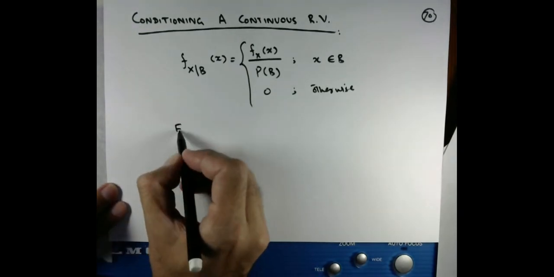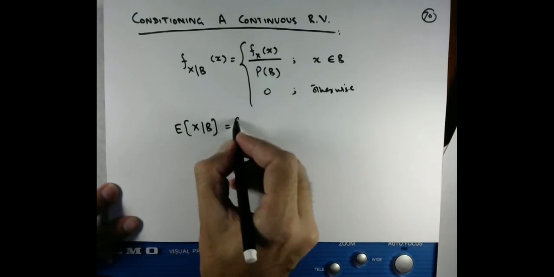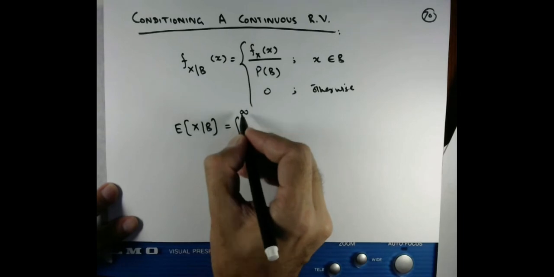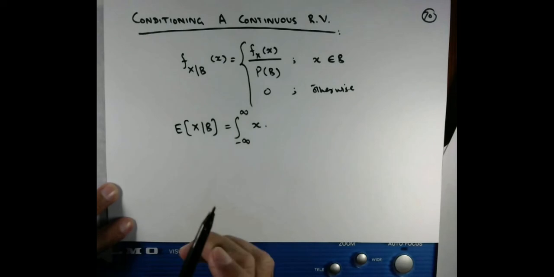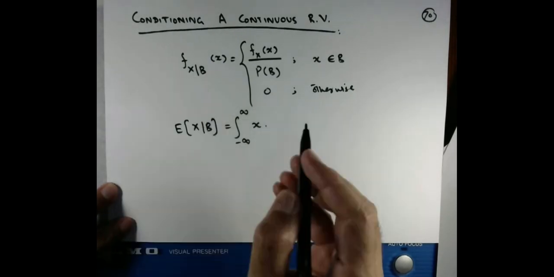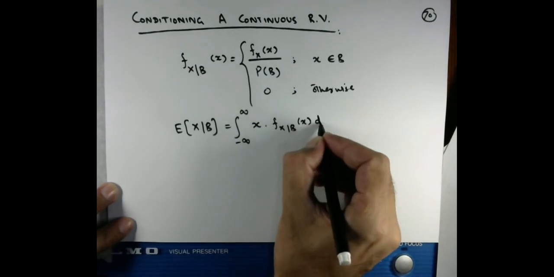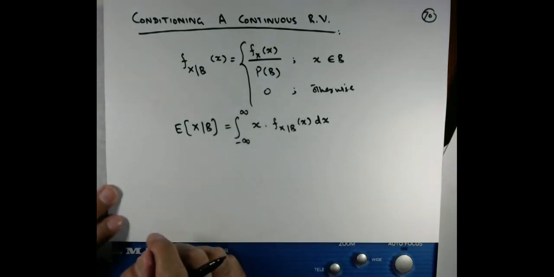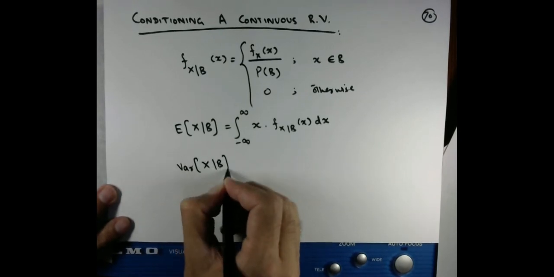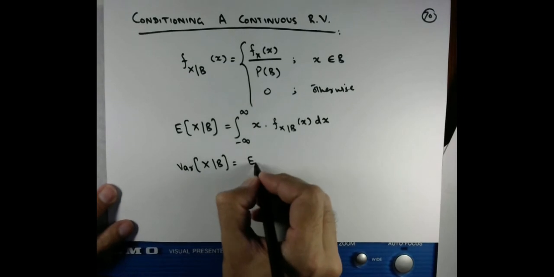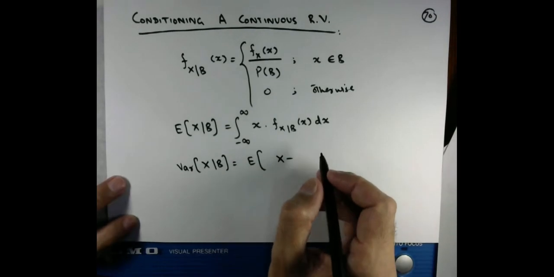What about the expected value of x given B? This is again very simple. Integral on all the range of x times the PDF, but which PDF? The conditional PDF. So it will be f sub x given B of x times dx. And what about the variance of x given B? That is the expectation of x minus the mean, but which mean?